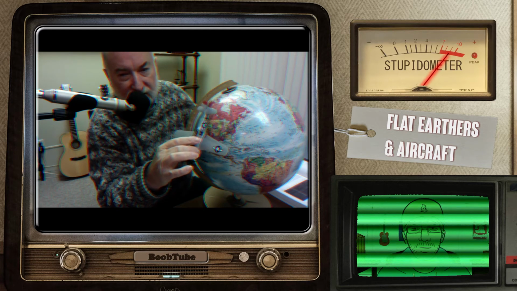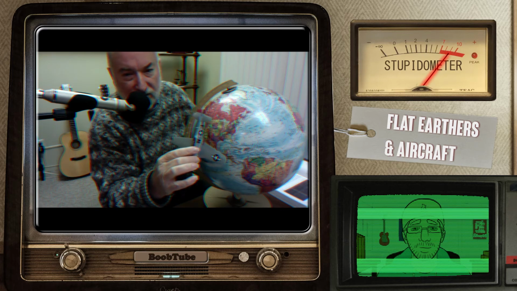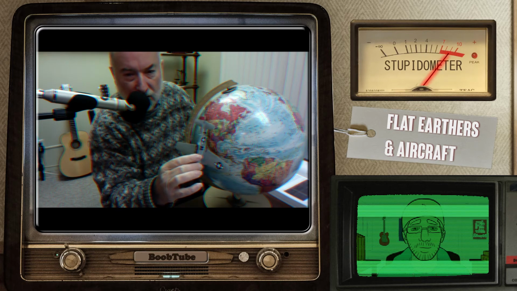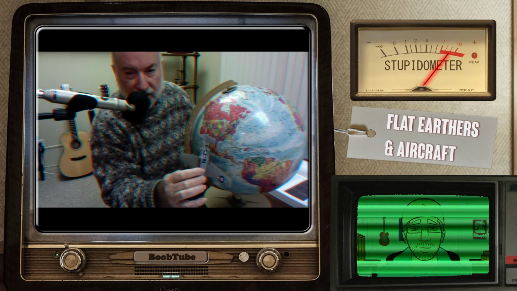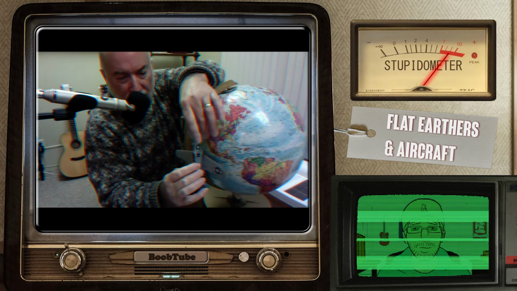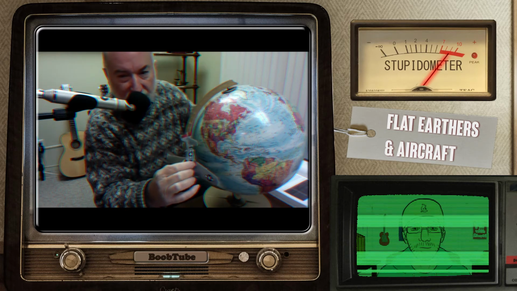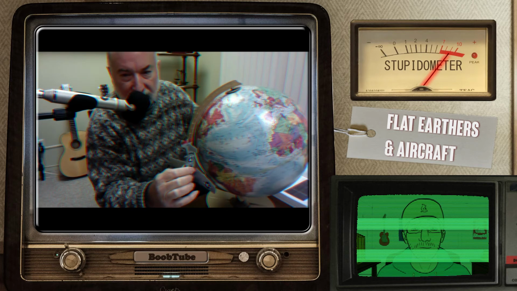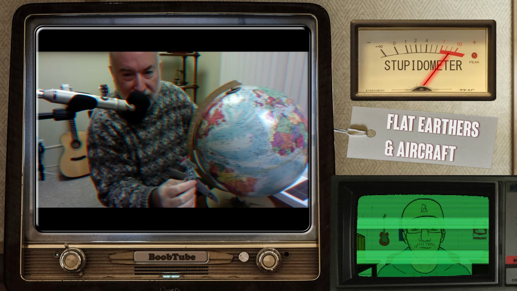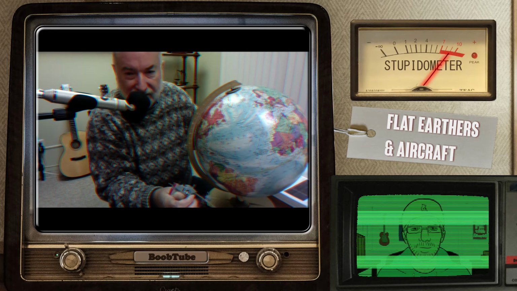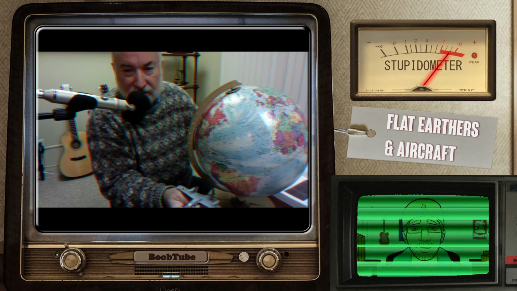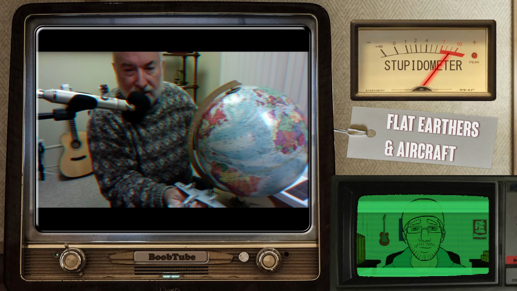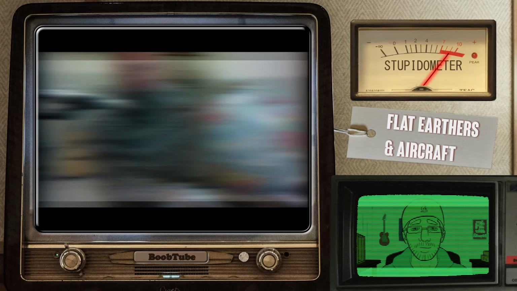Now notice, I'm continuing to dip my nose down to stay level with the Earth. Now I'm going down into South America, continuing to dip down, and finally I get down here to Antarctica. And look at that. My airplane is upside down.